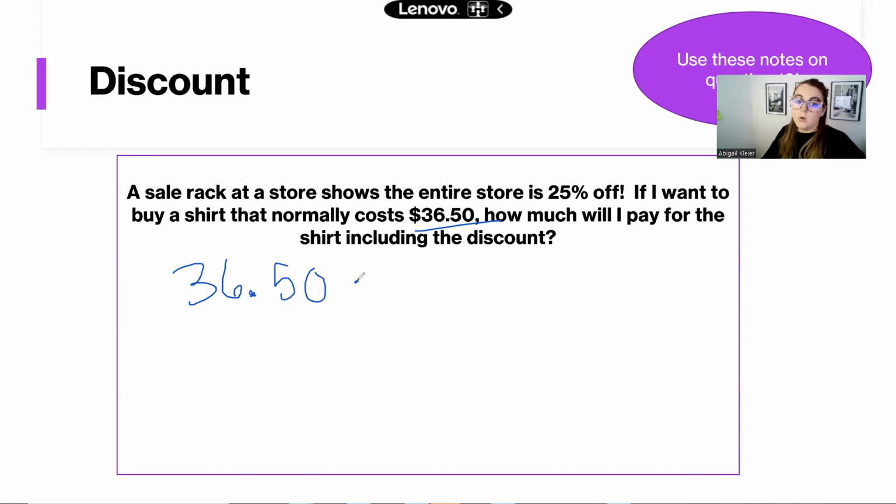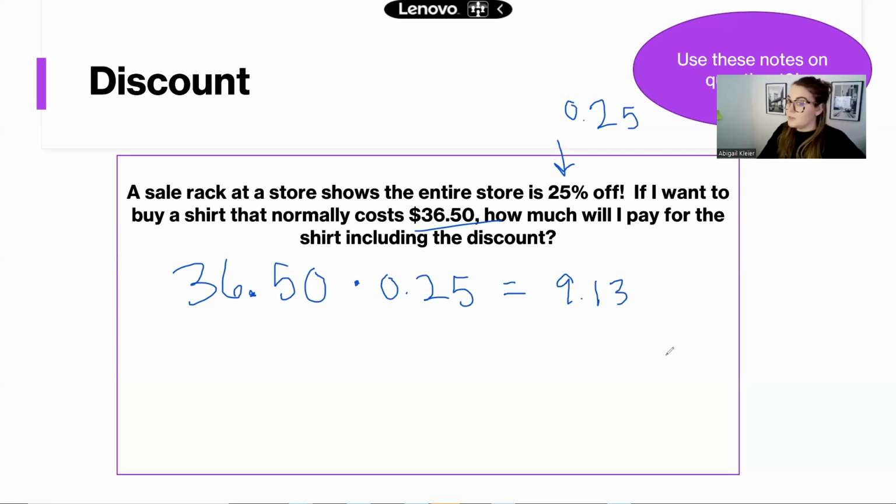Then I'm going to multiply it by the rate, whatever the percentage rate is, which in this case is 0.25. So I'm calculating right now the amount of discount. $36.50 times that rate of 0.25 gives me 9.125, or about 9.13. So this means that the discount on the shirt is $9.13.